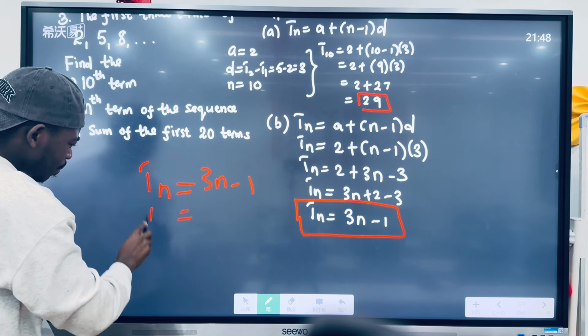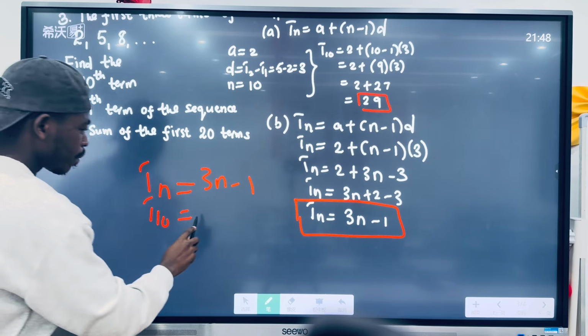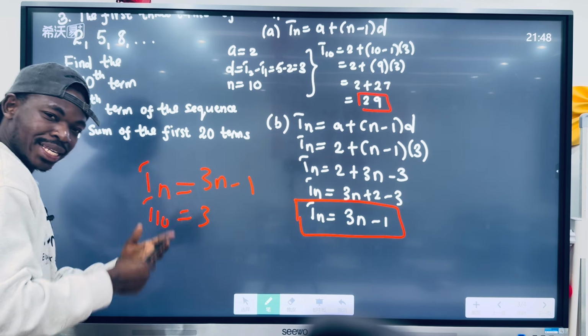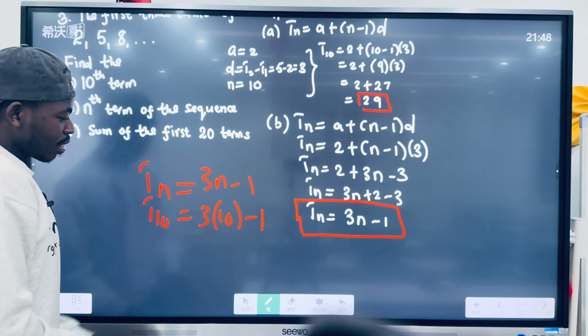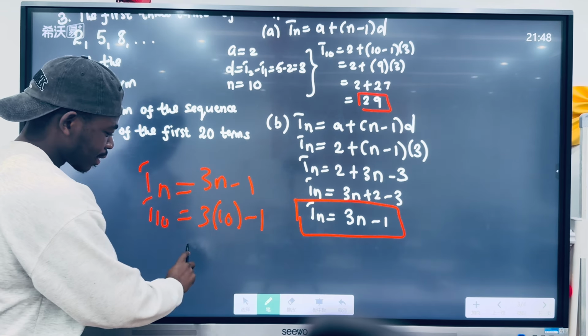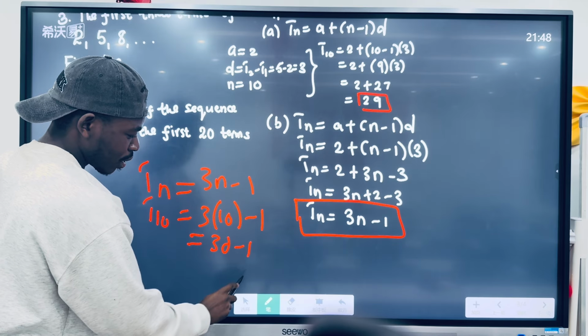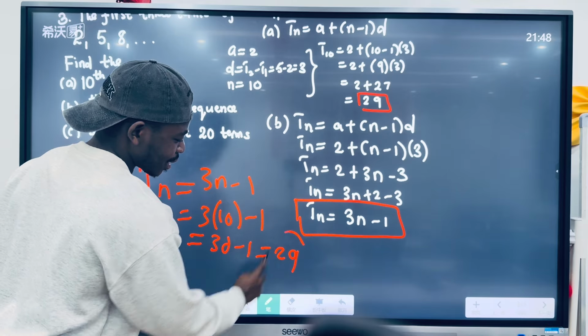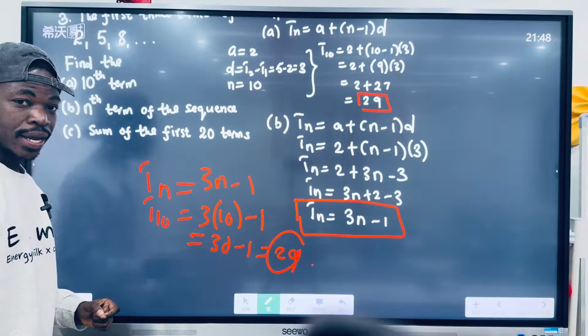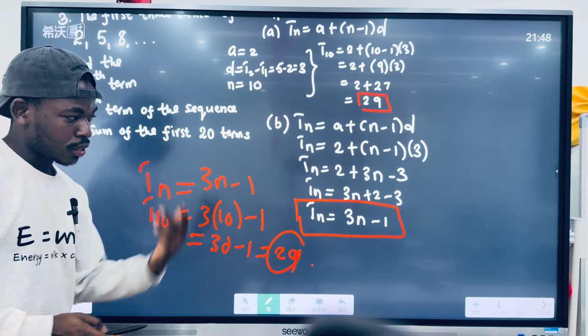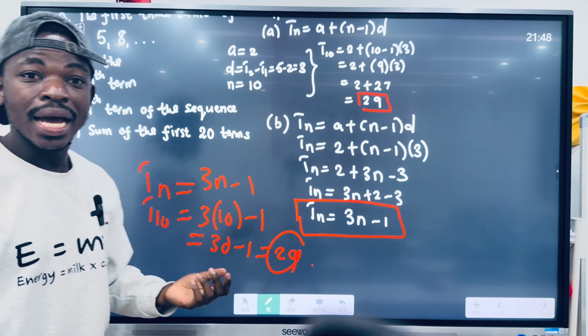So term number 10 will be equal to 3 times 10 minus 1, since n is the position. 3 times 10 is 30, minus 1 gives us 29, which is equal to the answer we got in part A. For example, I want to find term number 100.